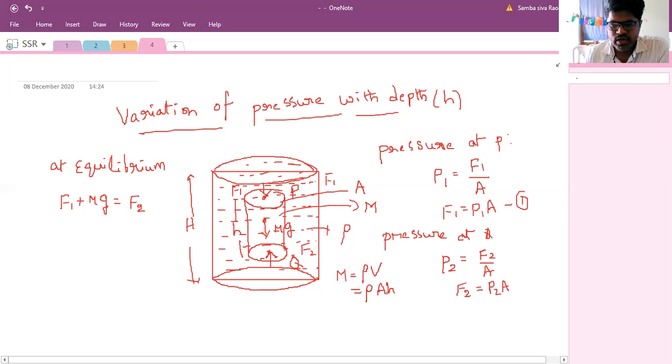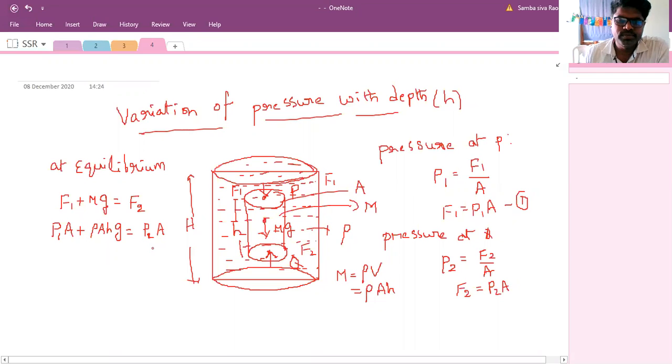Then m is density into volume, that is rho A h. Then F1 is P1 into A, plus m, that is rho A h, into g, is equal to F2, which is P2 into A. Here P1 is the pressure at the topmost point P, and P2 is the pressure at the bottommost point Q. So P1 A plus rho A h g is equal to P2 into A.